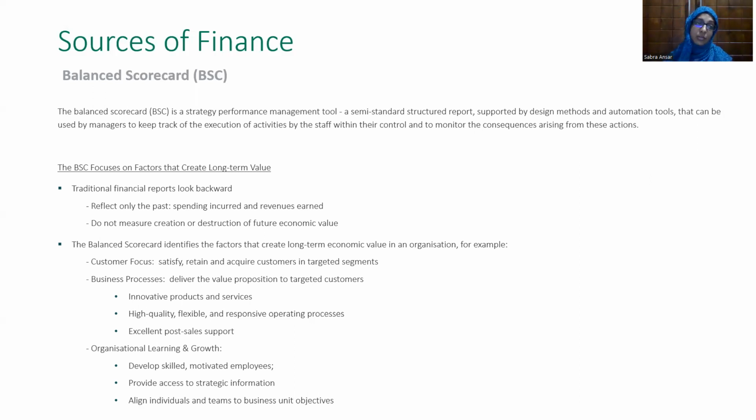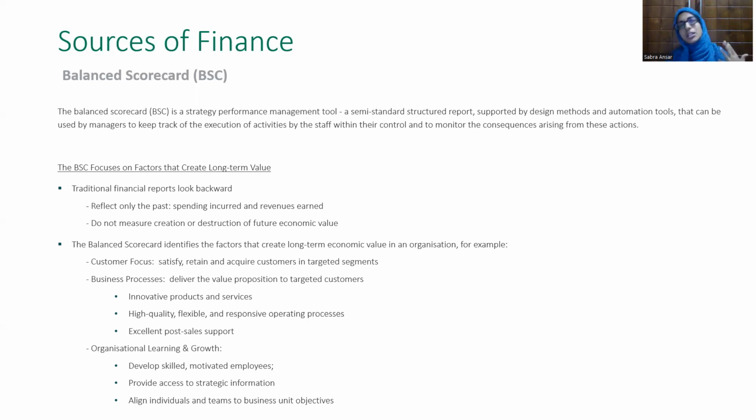We'll also talk about the business processes, where the value proposition to target customers is developed and delivered.